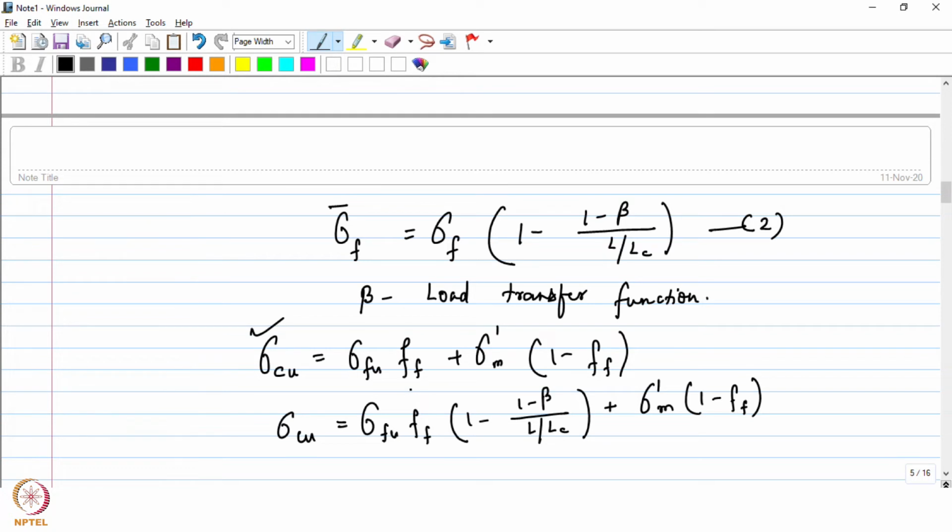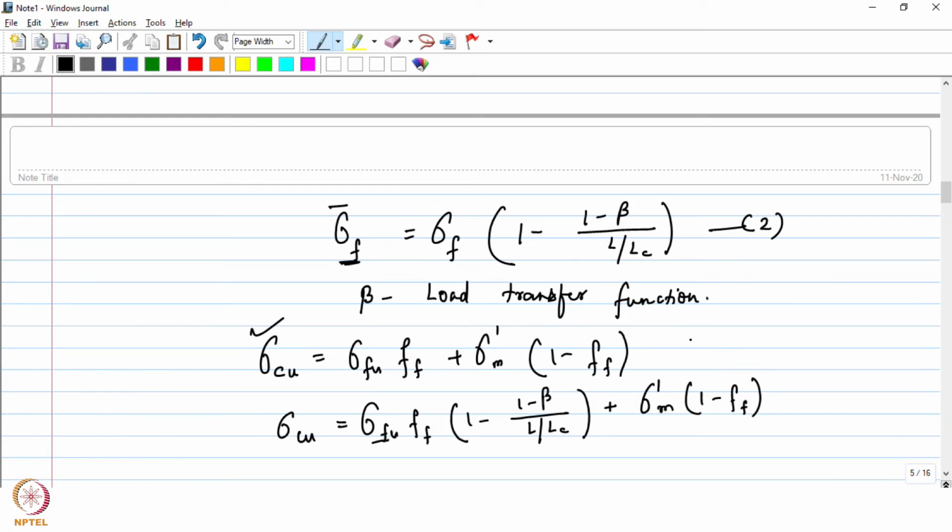Right, we simply replace sigma fu with this, the average stress on the fibers, which takes into account the L by D ratio also. Okay.